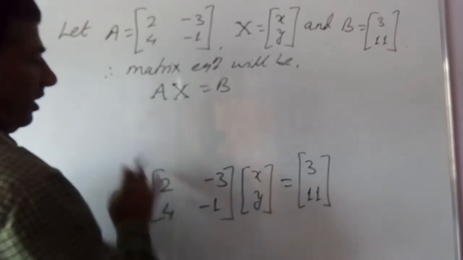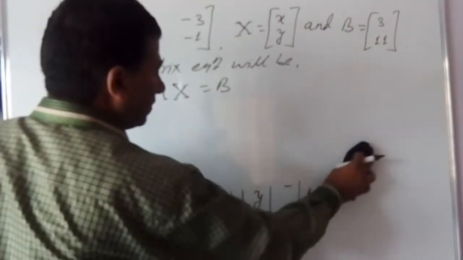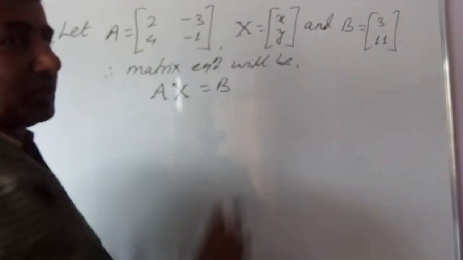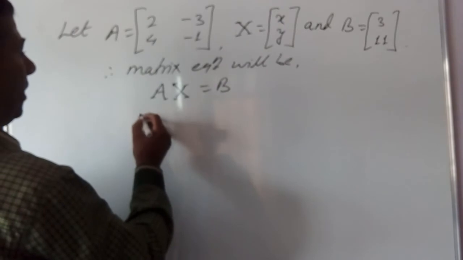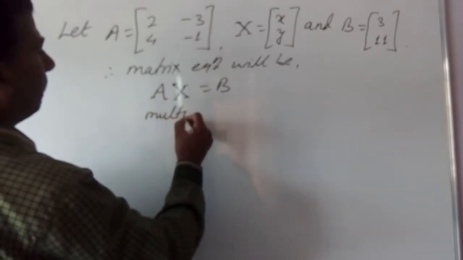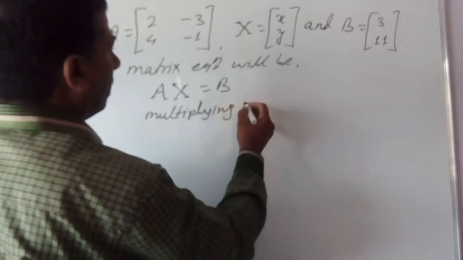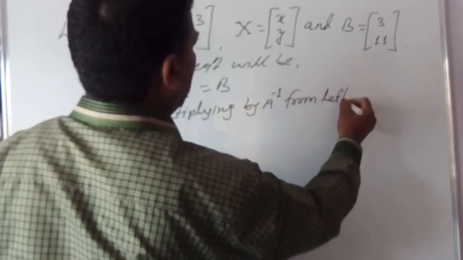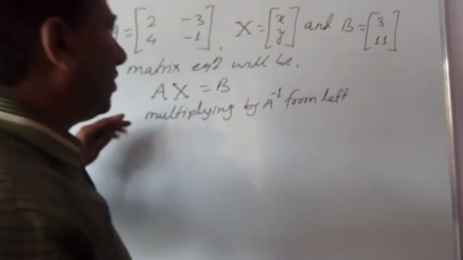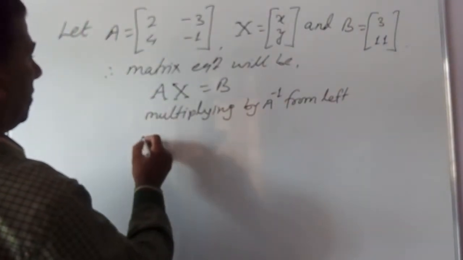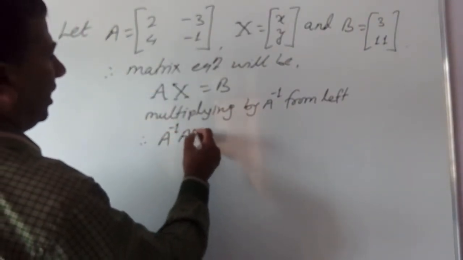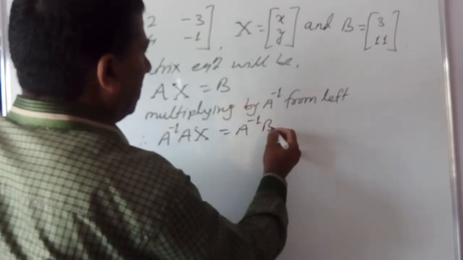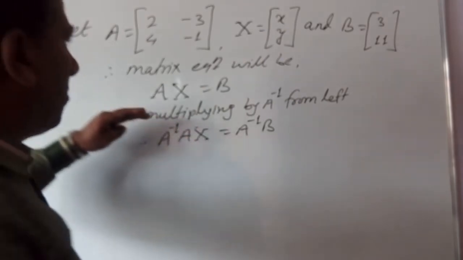Therefore, X equals A inverse B. But I'll show it by multiplying by A inverse from the left, because A is on the left hand side of X, that's why we multiply from the left. So A inverse AX equals A inverse B. You have to write A inverse on this side, not that side, because we are multiplying from the left hand side.